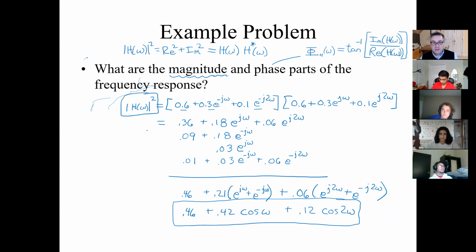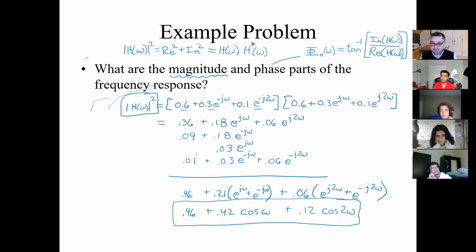So if we do all the math correctly and form this thing right, we should come up with something that is all real valued. Okay, so that's one of the important reasons for doing this simplification, to demonstrate that there should be no j's left in this thing. If you end up with j's, you made a mistake when you're computing magnitudes or magnitude squared.